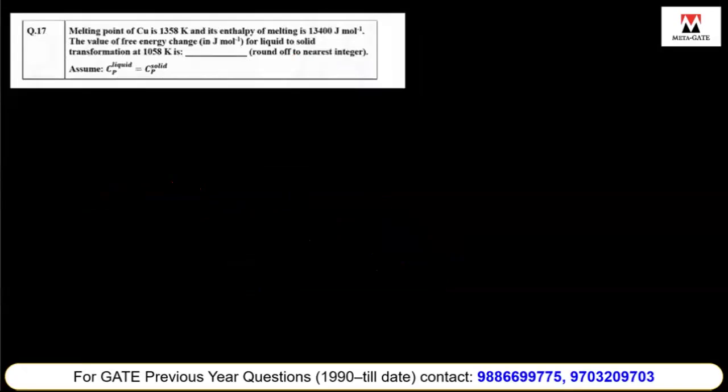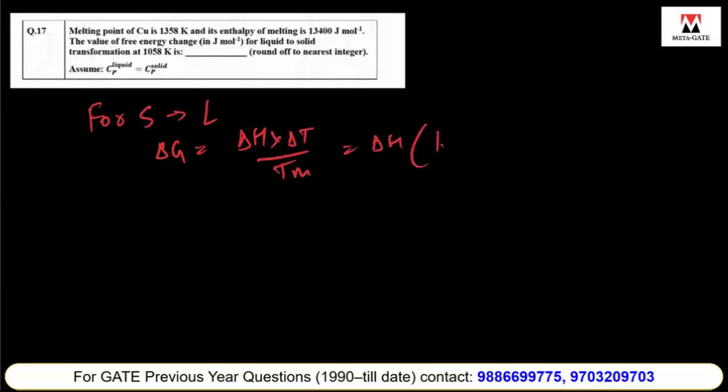The melting point of copper is 1358 K, and the enthalpy of melting is given as 13,400 joules per mole. What is the value of free energy change for the liquid to solid transformation at 1058 Kelvin? Here we know for solid to liquid transformation, delta G is equal to delta H into delta T by Tm, so delta H into 1 minus T by Tm.